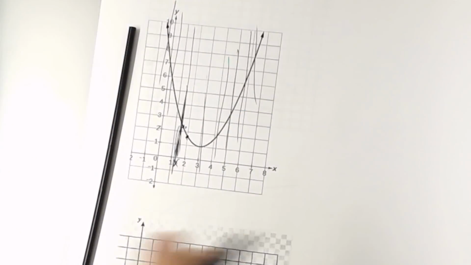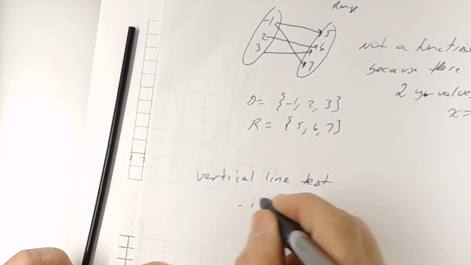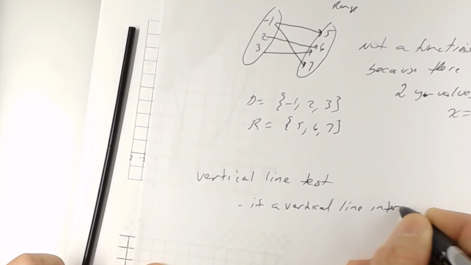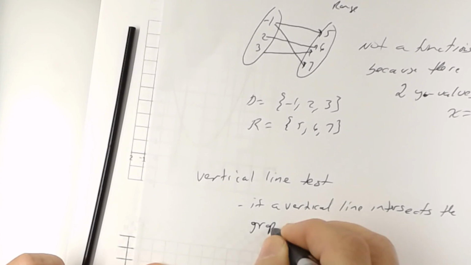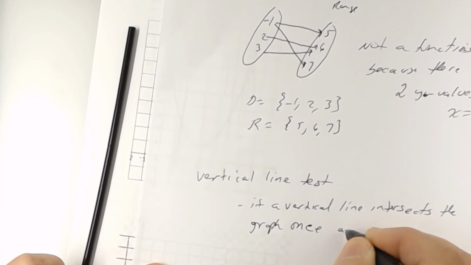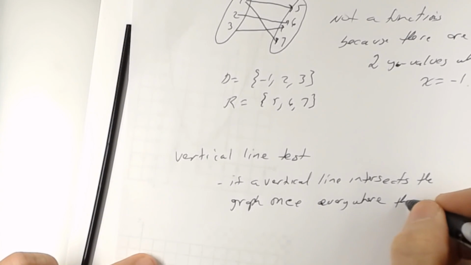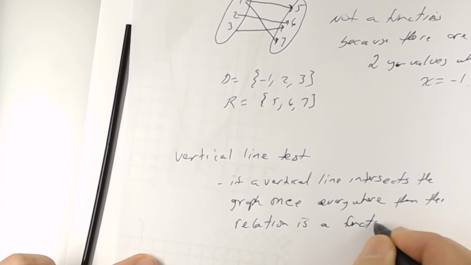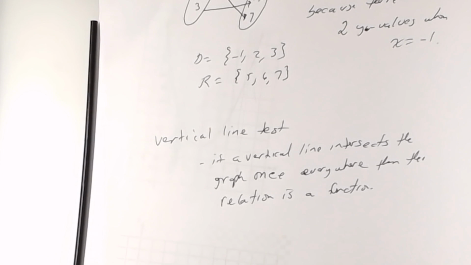So the vertical line test says: if a vertical line intersects the graph once at all places on the graph, then the relation is a function.